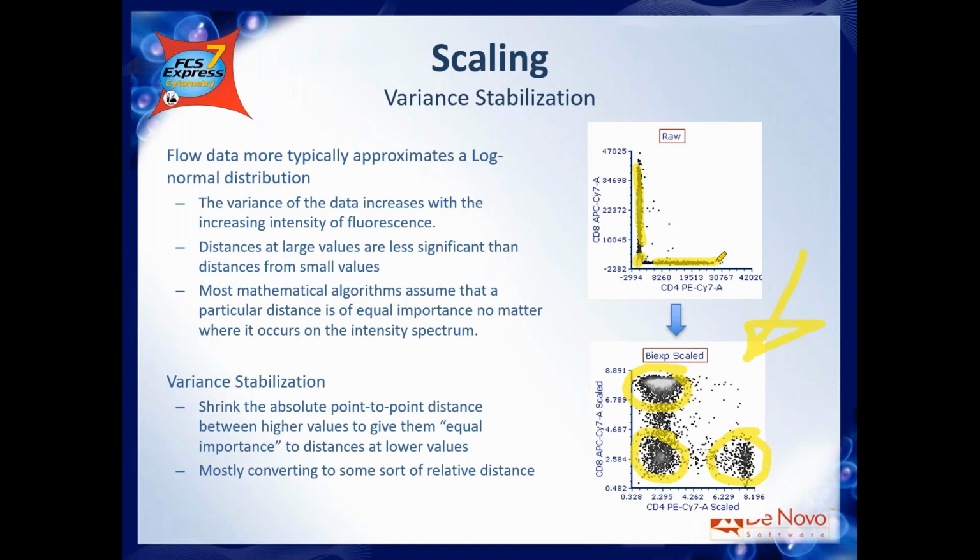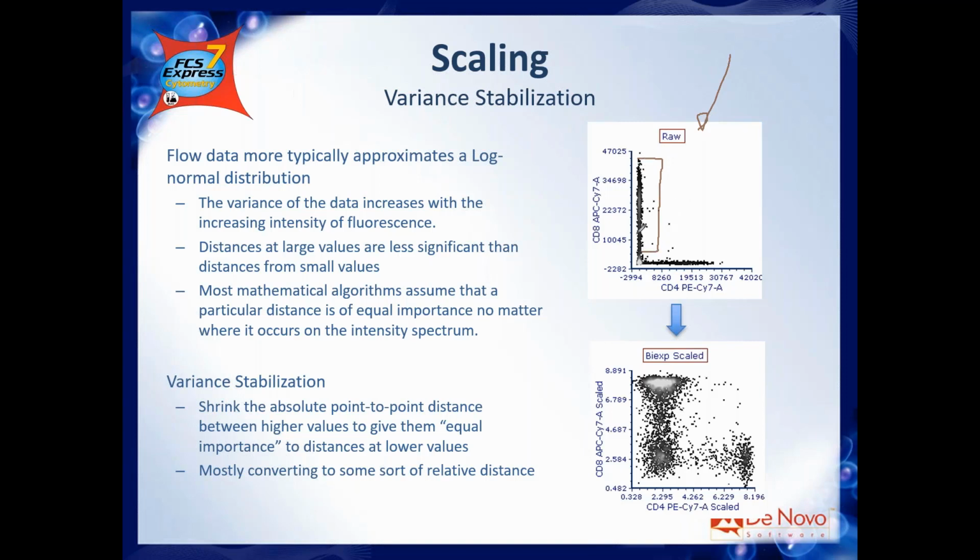So technically speaking, why do you need to do this for your algorithm? Remember that algorithms like FlowSOM rely on distances. You always calculate some sort of distance. And if you look at the raw data, look at the variance here.